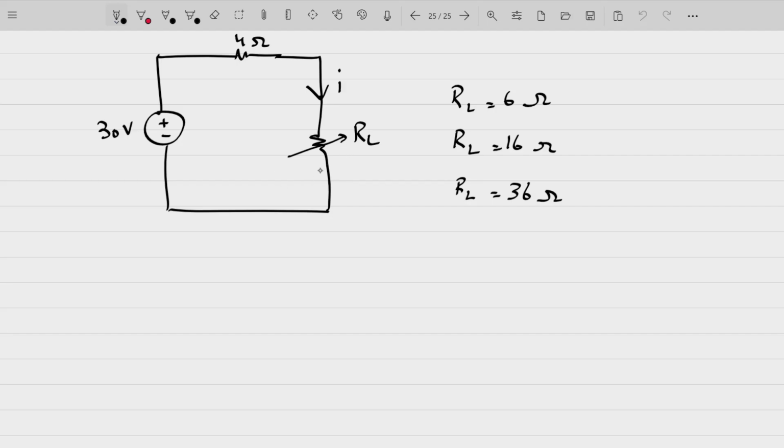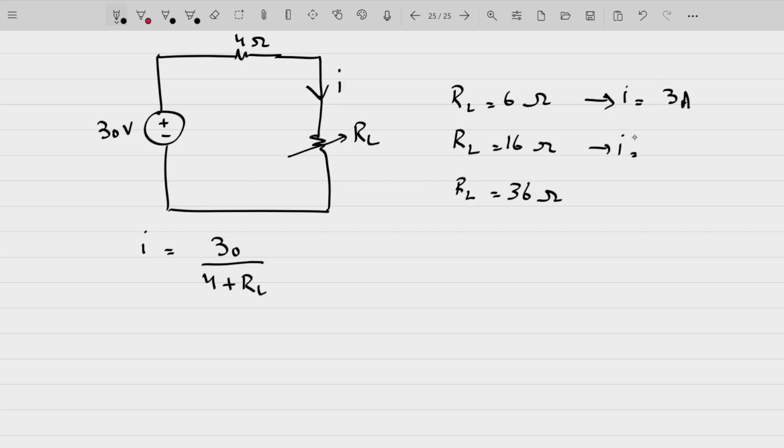With this simple equivalent circuit, Thevenin's equivalent circuit, now we can easily find out the current I flowing through RL. Fine. So what will I be equal to now? It will be simply the voltage, that is 30, divided by 4 plus RL. So for case number 1, I will be 30 divided by 4 plus 6, that is 3 amperes.